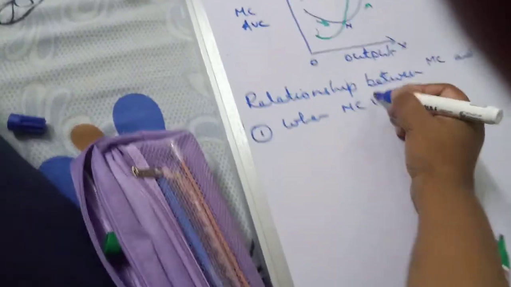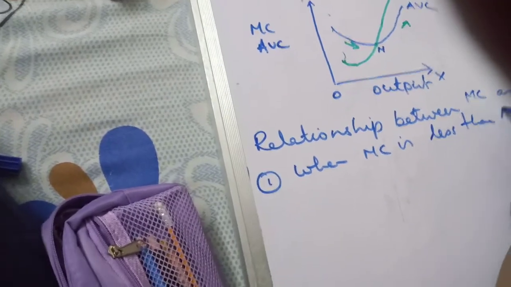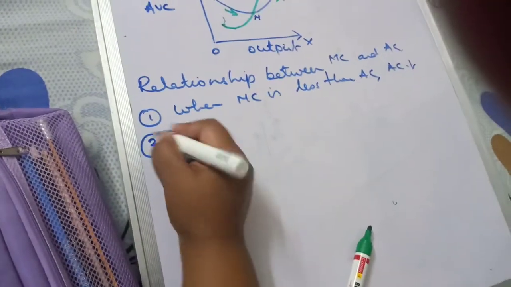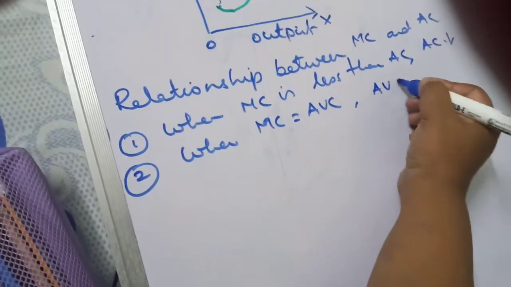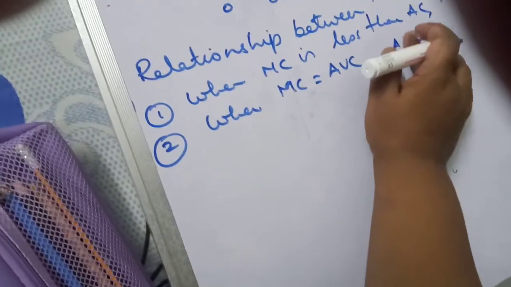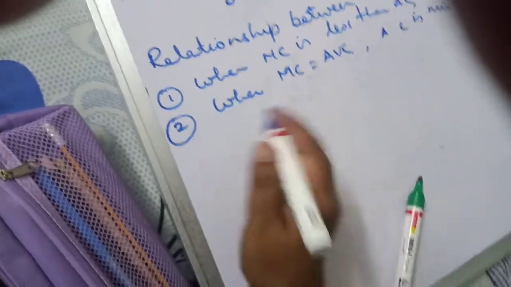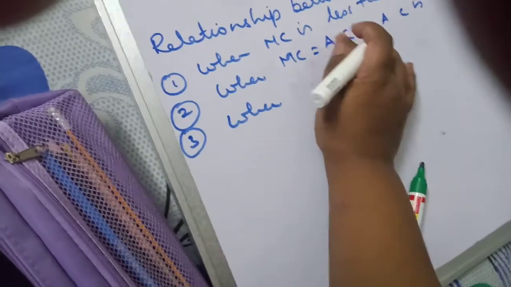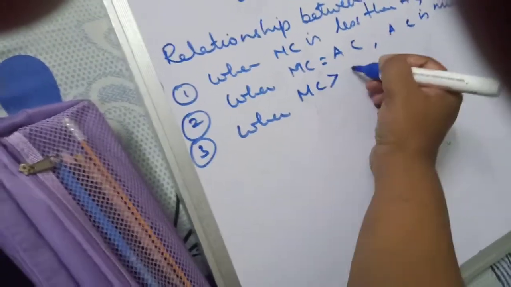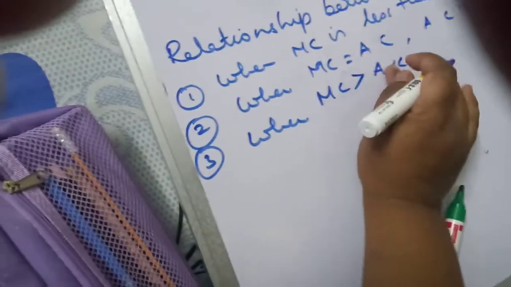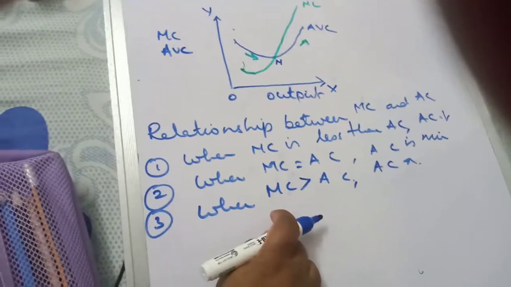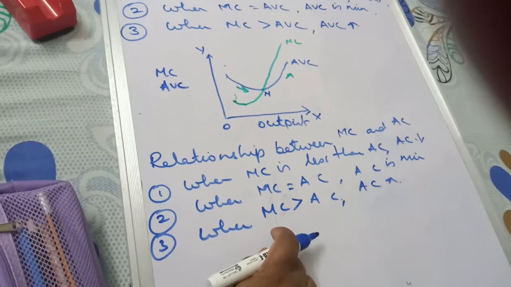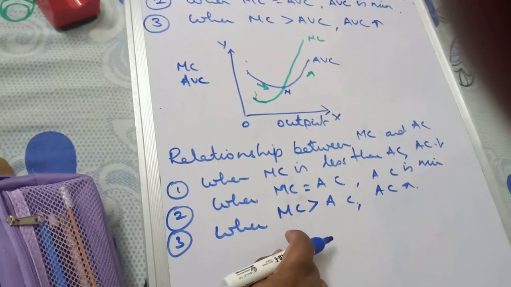When MC is less than AC, AC falls. When MC is equal to AC, AC is minimum.